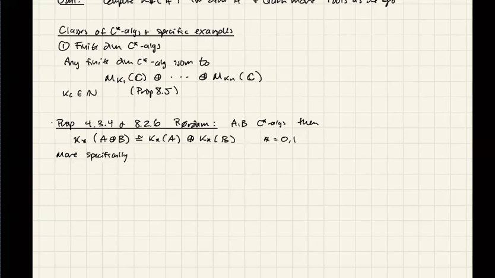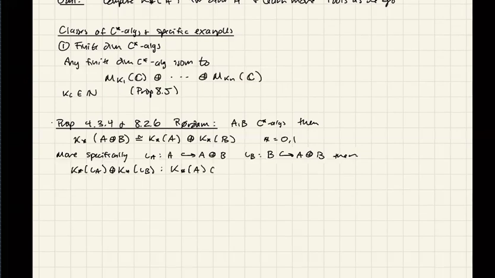If I consider the inclusion of A into the direct sum of A with B and that of B, then if I look at the induced map on K-theory, A first, this will give me my isomorphism.